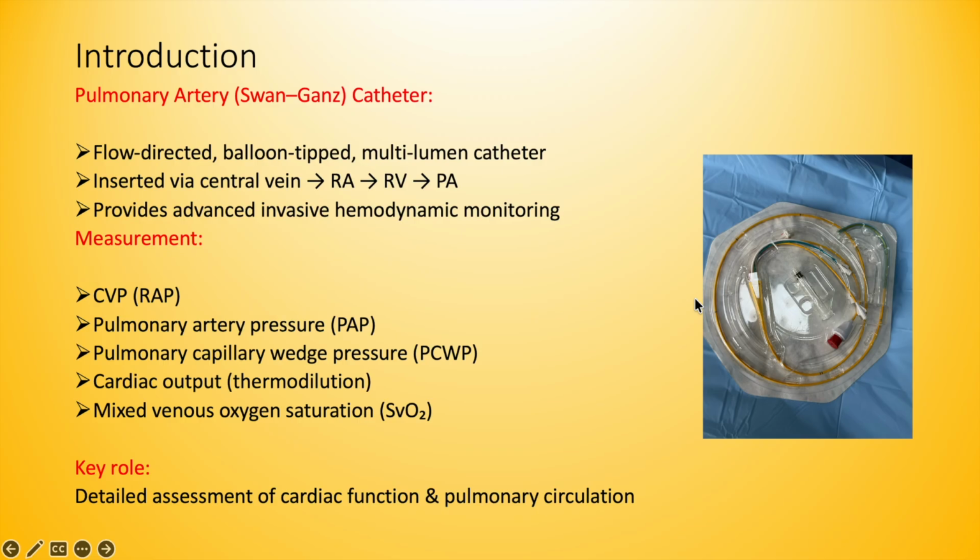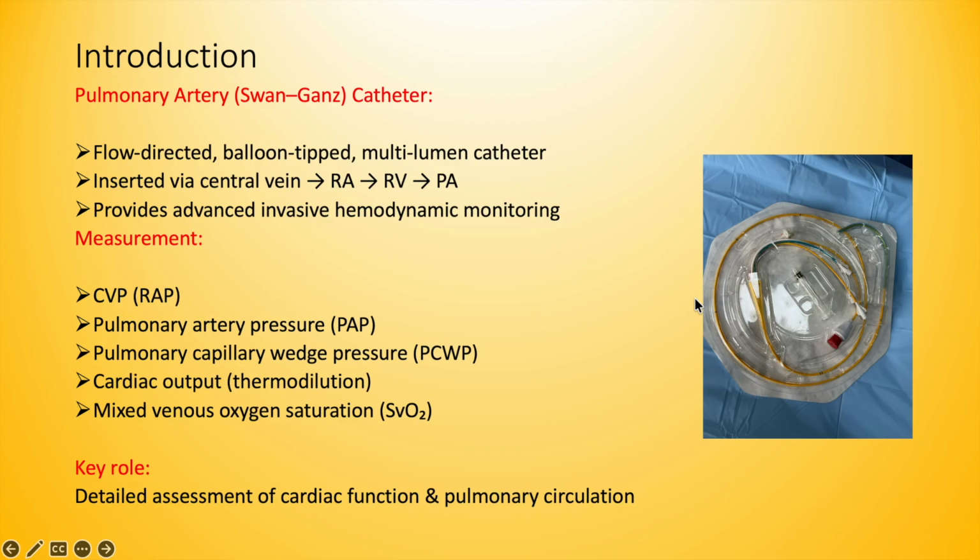Third, we can measure the pulmonary capillary wedge pressure. Through the pulmonary capillary wedge pressure, we can differentiate the cause of the pulmonary edema, either because of cardiac origin or lung origin.